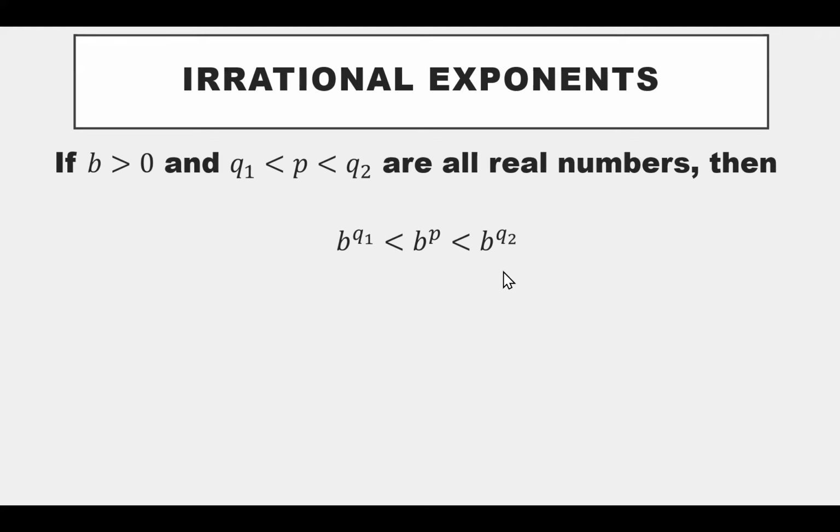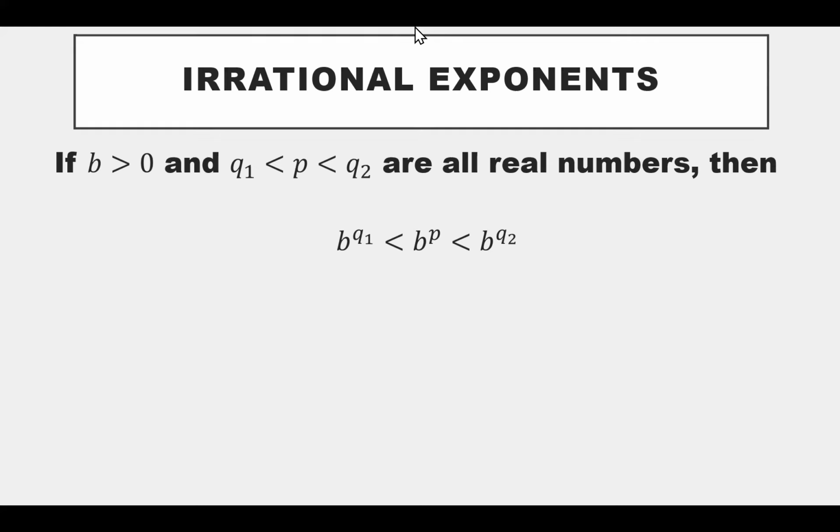So we get this feature for all values of b, well, let me add on one little caveat there. And here's that caveat. When b is above 1, then higher exponents make the number grow. And when b is below 1, that is above 0 but below 1, then the higher exponents are actually making the number smaller.